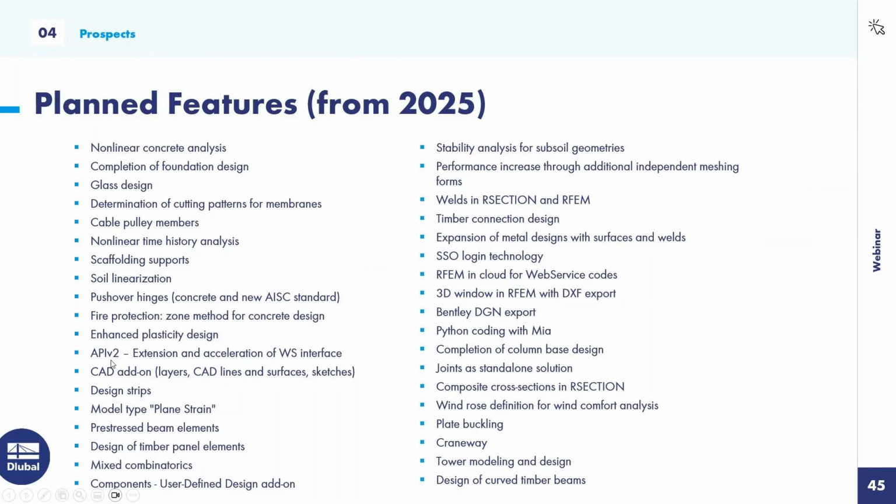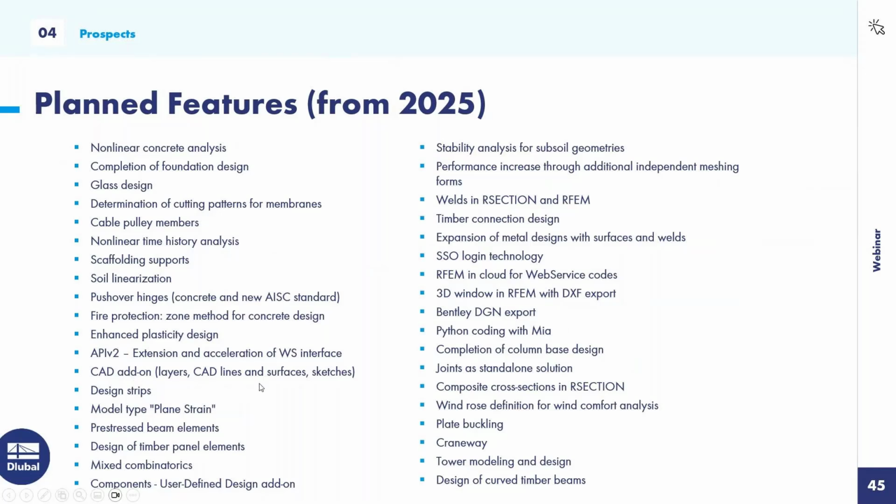Then the API v2 extension and acceleration of the web service interface. It's a new version of the web service interface, and it will be faster. Then we schedule to implement a CAD add-on.